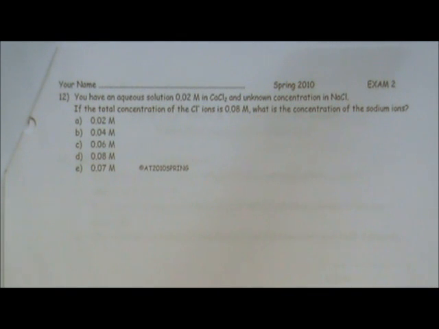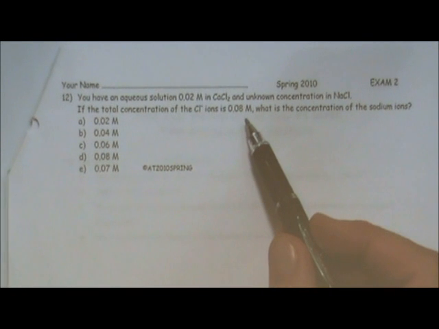Salts. So we have an aqueous solution of 0.02 molar calcium chloride as a soluble salt, and an unknown concentration of sodium chloride. So there is sodium chloride also, but we don't know the concentration of it. If the total concentration of the chloride ions is 0.05, then what is the concentration of the sodium ions? You can solve it fast, you can solve it slowly, whatever you want to do.